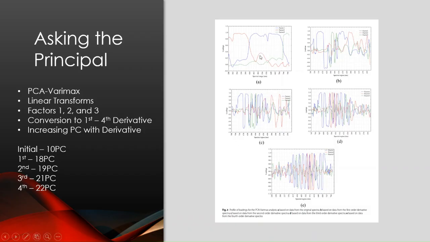You can see here, this is the initial scan with 10 principal components. First derivative, second derivative, third derivative, and then fourth derivative. And as these derivatives continued to increase, the number of principal components increased, which revealed more precise regions within these different factors that tied more closely to identifying various plants.